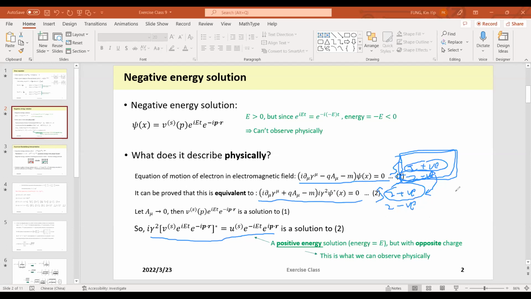I mean, putting an i in an equation doesn't mean anything as well. What? What are you saying? You said negative energy is not meaningful, but sometimes putting an i in an equation doesn't make it more sensible.